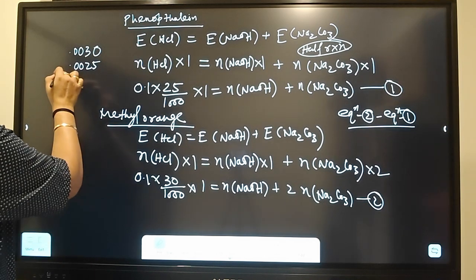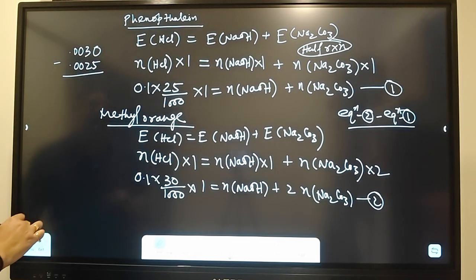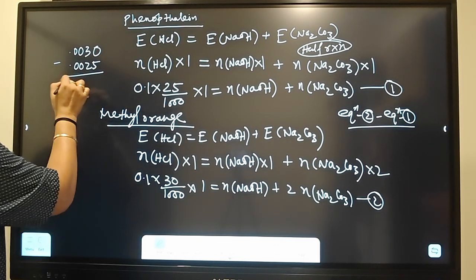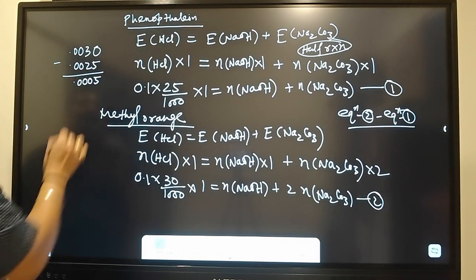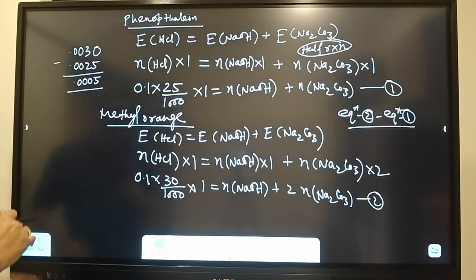Then immediately this has to be subtracted, so what I will get over here is 0.0005.